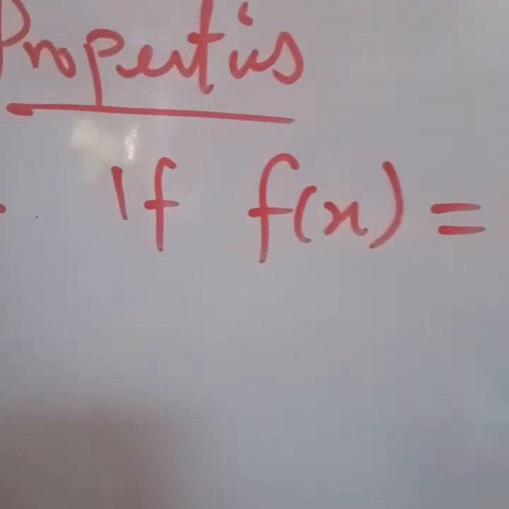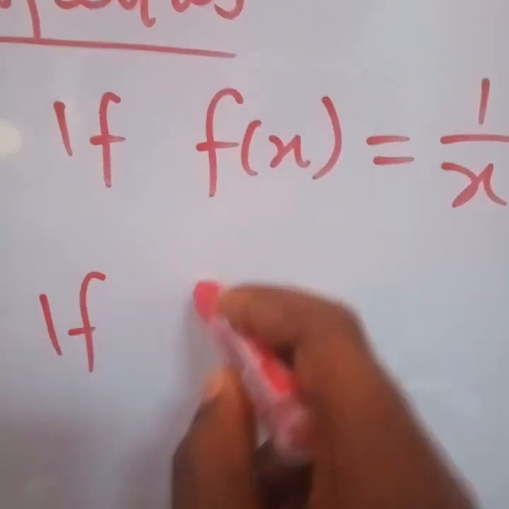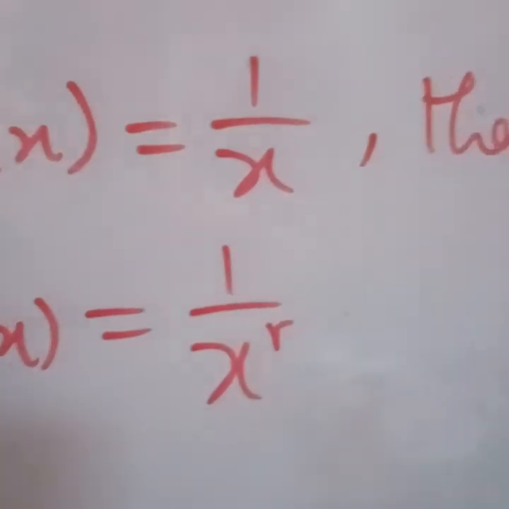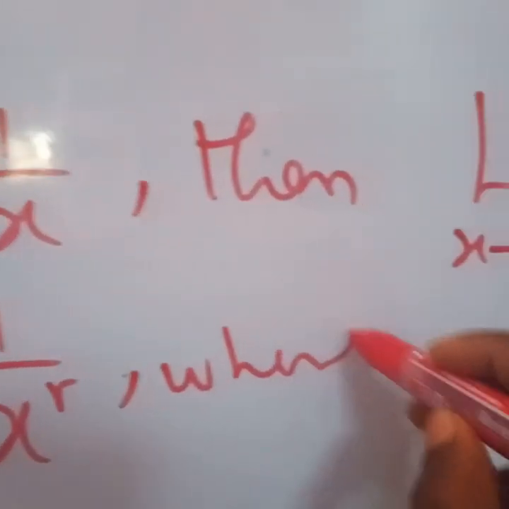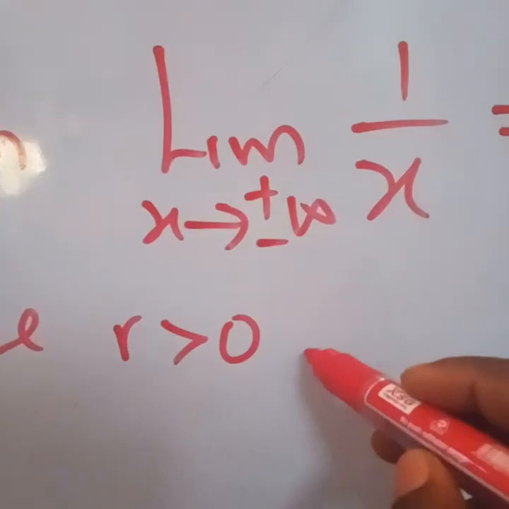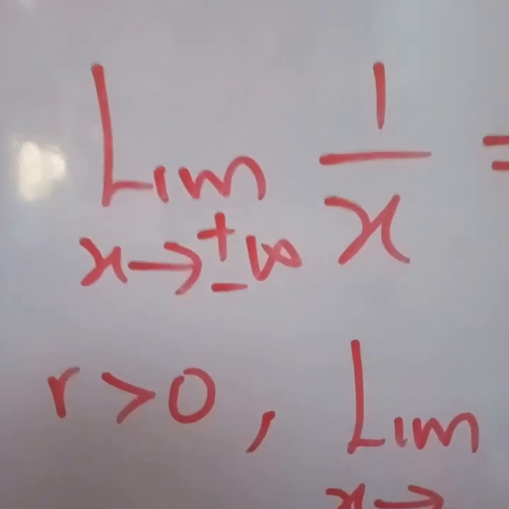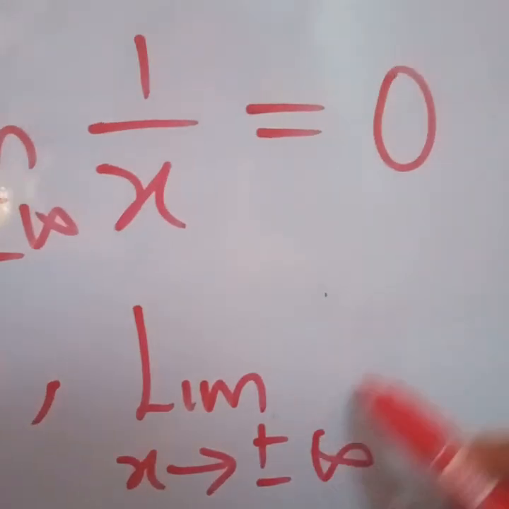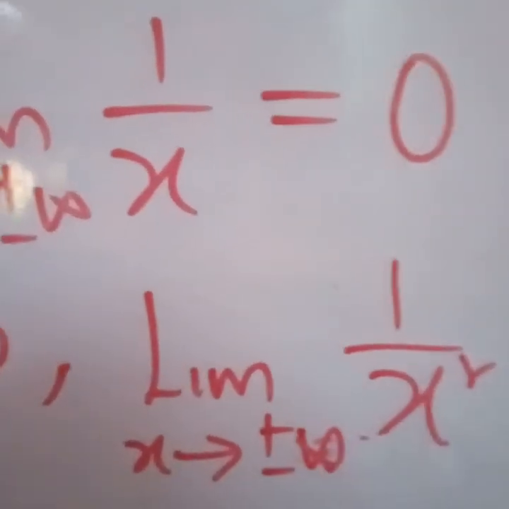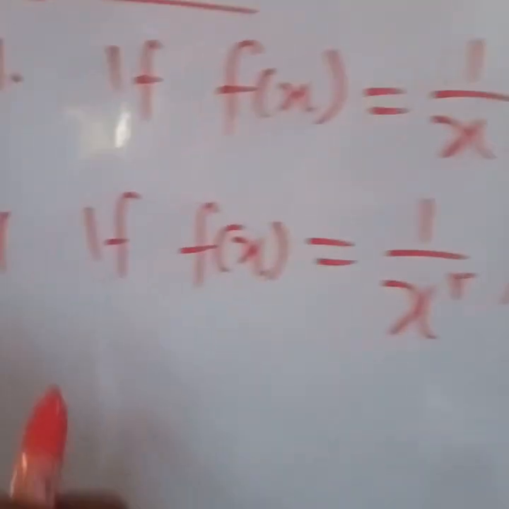The 12th property is if you have a function f of x equal to 1 over x to the power of r, where r is positive, again the limit of 1 over x to the power of r as x tends to either positive or negative infinity is also 0.